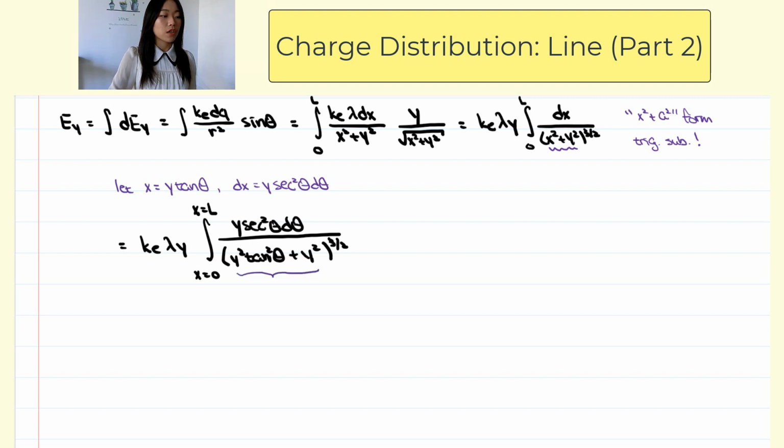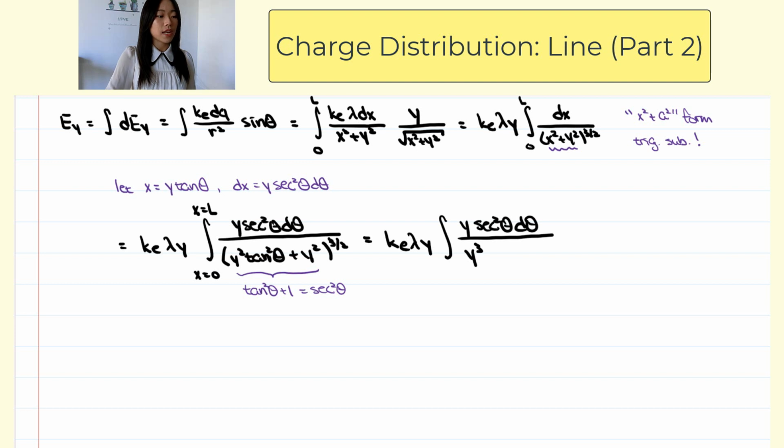Then we are going to use the trigonometric identity: tangent theta squared plus 1 equals secant theta squared. And we get this form when we factor out the y squared. So this equals Coulomb constant times lambda times y times the integral of y times secant theta squared d theta. In the denominator, we have y squared to the power of 3 over 2, that is y cubed.